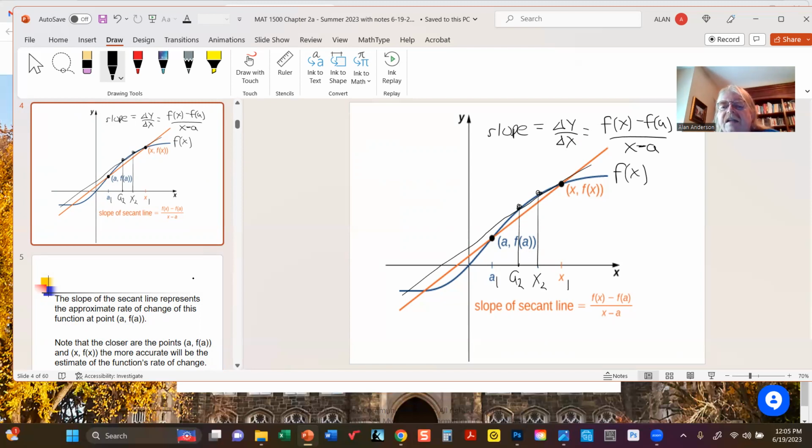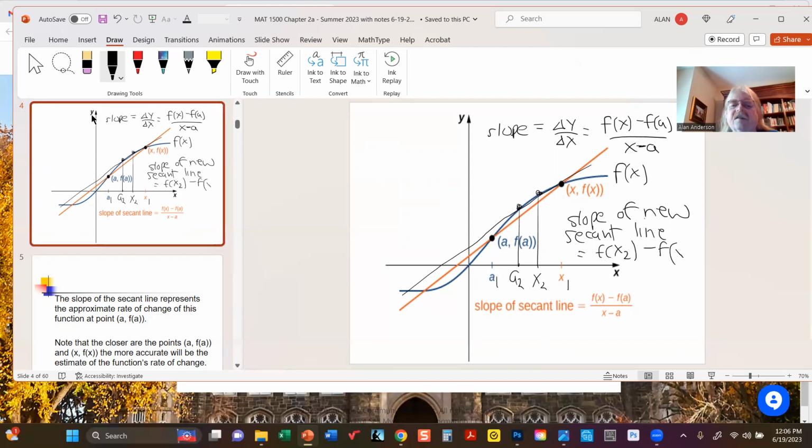The slope of the second line I've just drawn is going to be f of x2 minus f of a2, all divided by x2 minus a2.